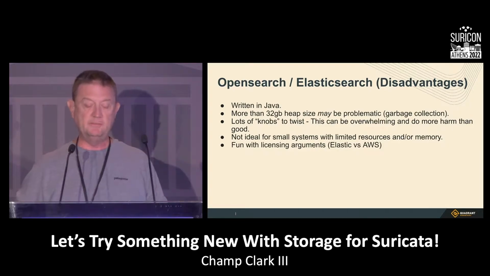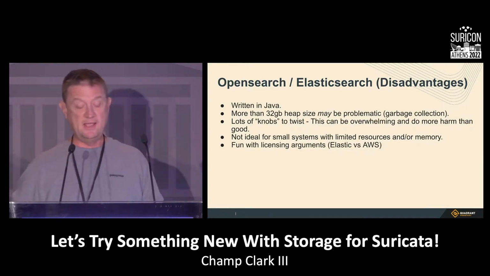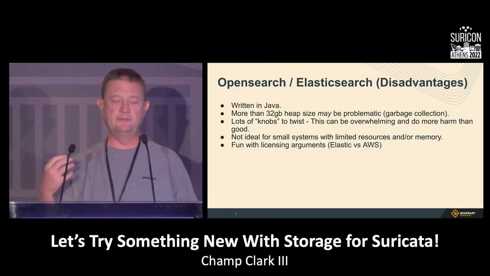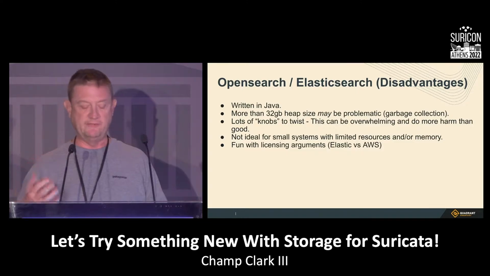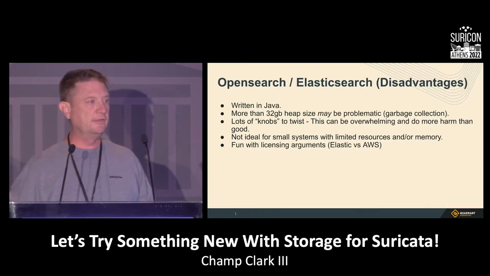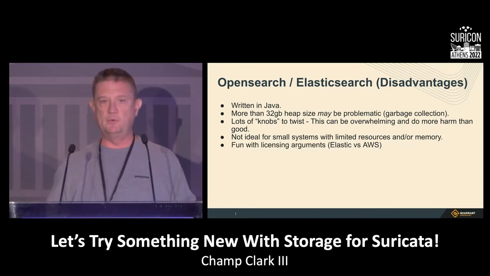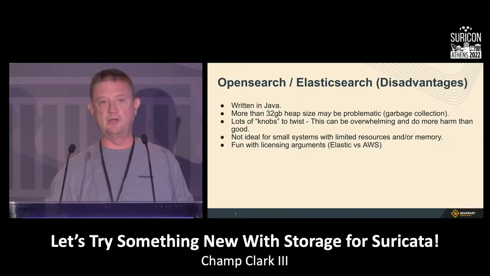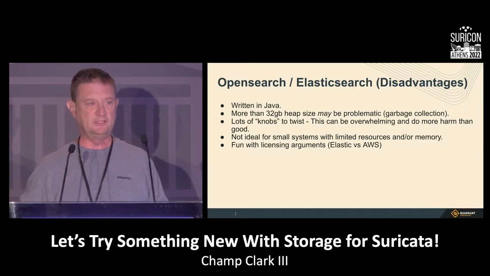But there are some disadvantages. Some of you may like Java. I'm not a huge fan, but it's in Java. There are some problems you run into when you have really large Java VMs with garbage collection and things like that. And as I mentioned earlier, there are lots of knobs to twist. If you're just getting started with something like OpenSearch or Elasticsearch, that can be really overwhelming, and you twist the wrong knob, now you have performance degradation.